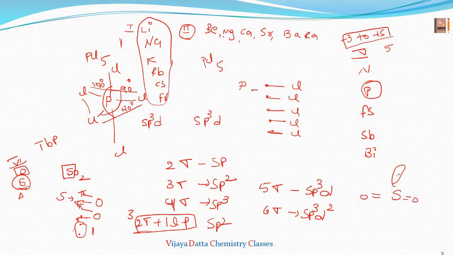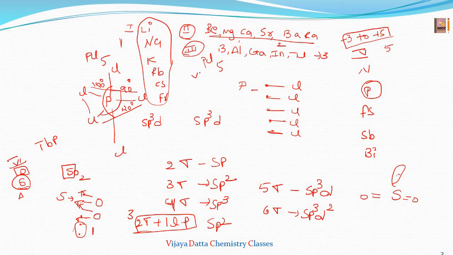They have 2 valence electrons. Come to the third group elements: boron, aluminum, gallium, indium, thallium. They have 3 valence electrons.